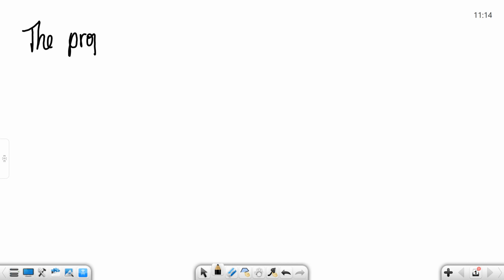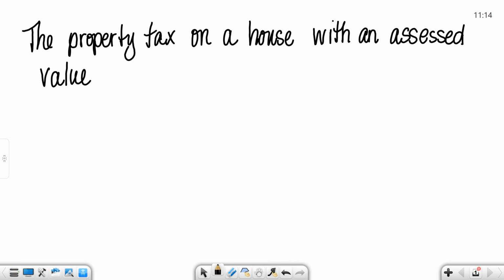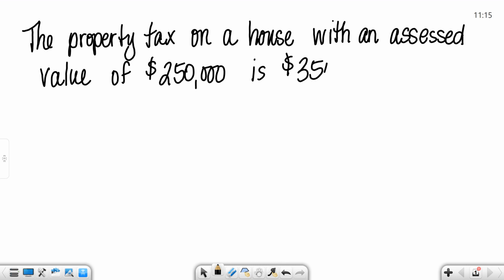The property tax on a house with an assessed value of $250,000 is $3,500. So that's how much you would pay in property tax if that was your home.